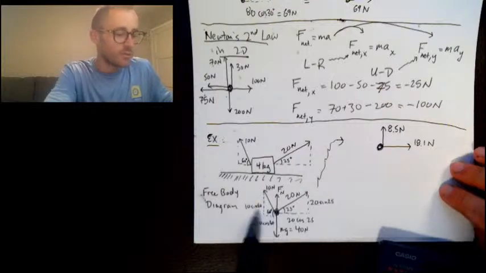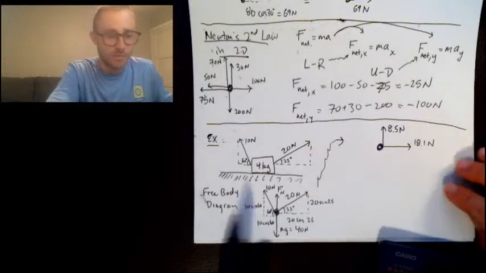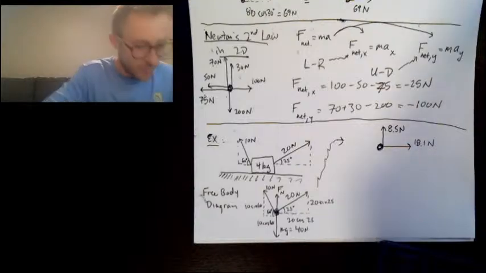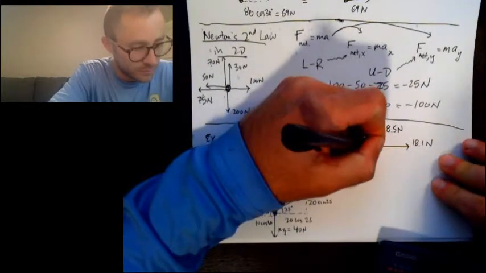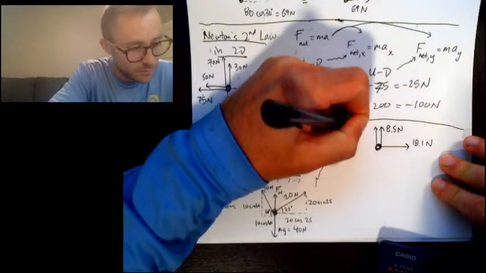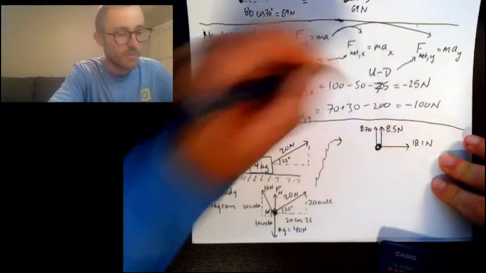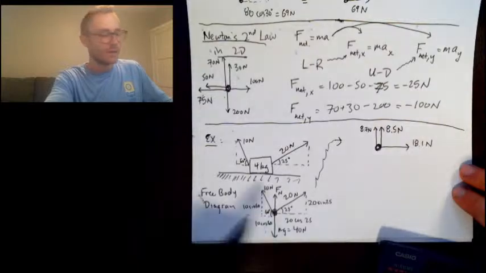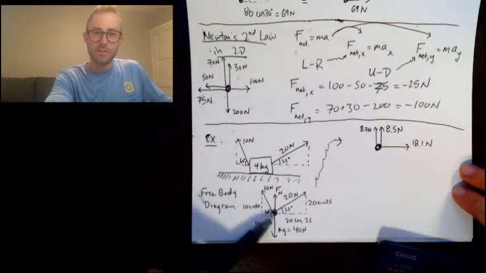This 10 Newton force, 10 sine of 60 is 8.7 newtons. And 10 cosine of 60 is 5. Notice how this force goes up and to the left.